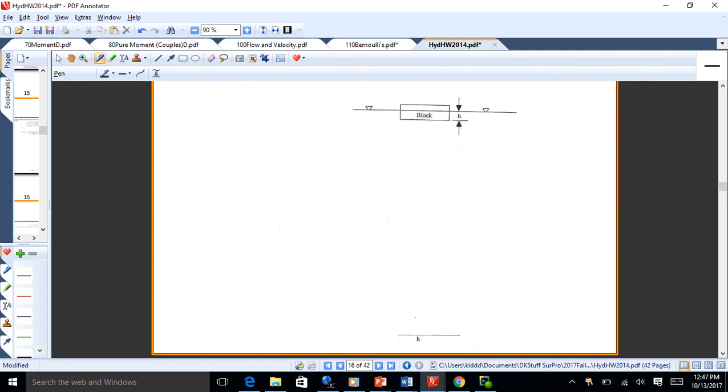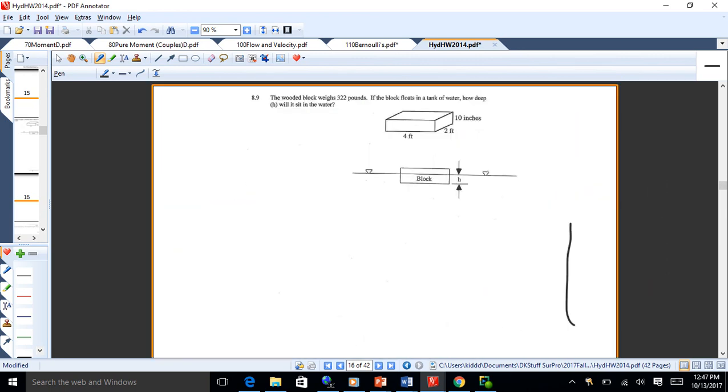I guess the key to understanding this is that the weight of the thing is 322 pounds, right? Now, if it's going to float, what's the buoyancy force going to be for floating?